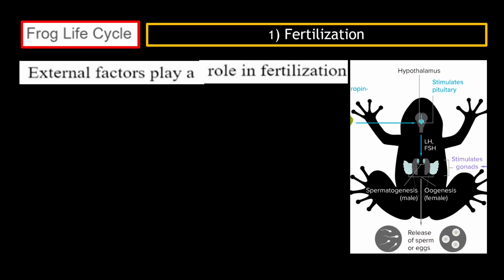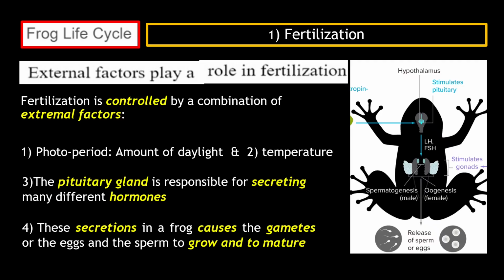The pituitary is influenced by the photoperiod, the amount of light, and the temperature, and it secretes hormones that in turn allow the gametes to grow and mature. In the lab this is done through injections: you inject the frogs with a specific hormone that allows the eggs to be released at a specific time.